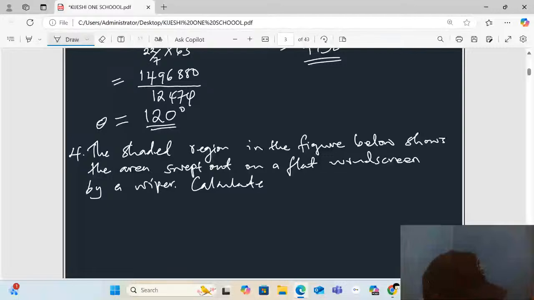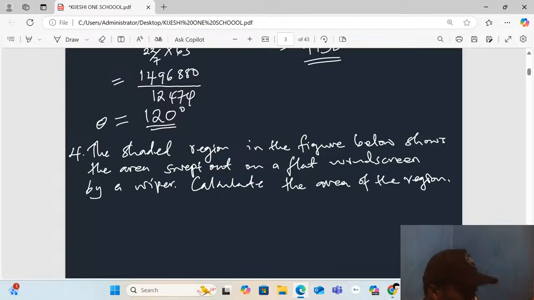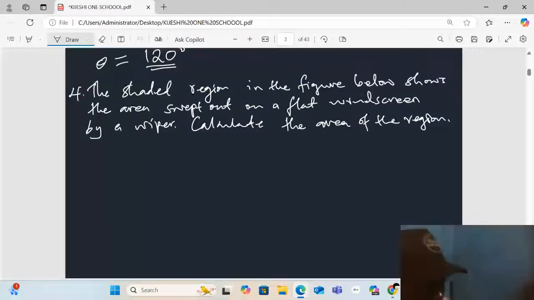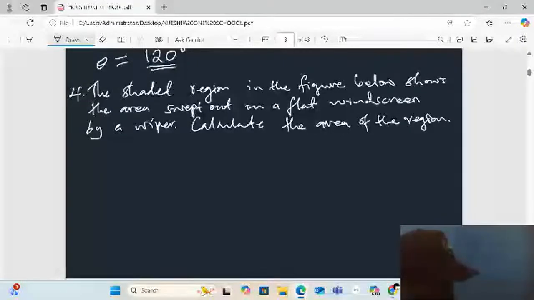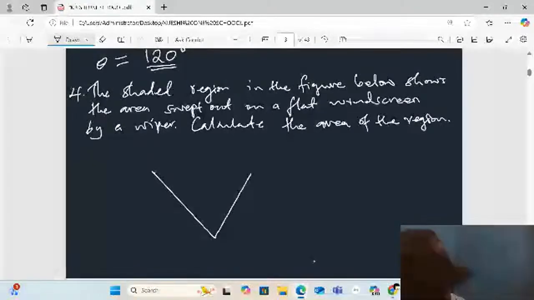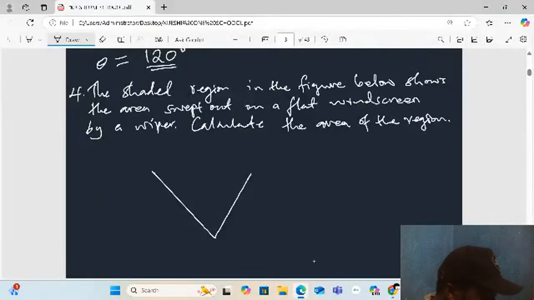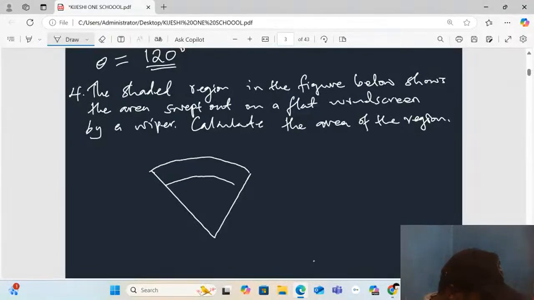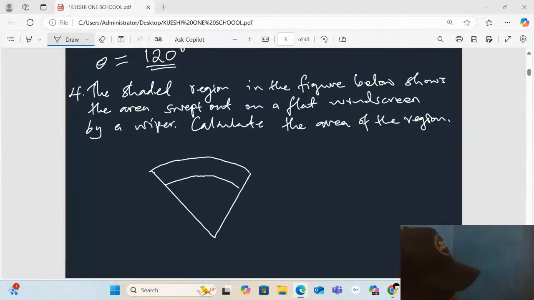Let us look at this. Sorry, I don't see the figure, so I'll just draw a sketch. Something like that, a windscreen.